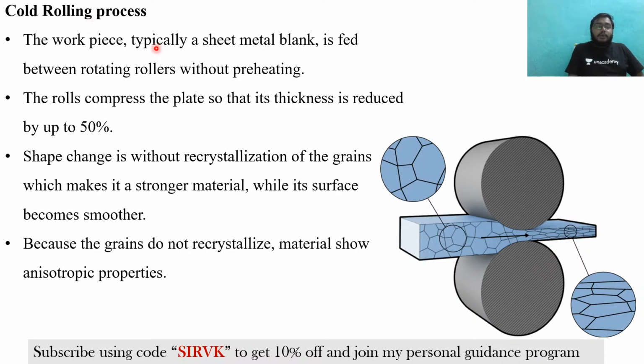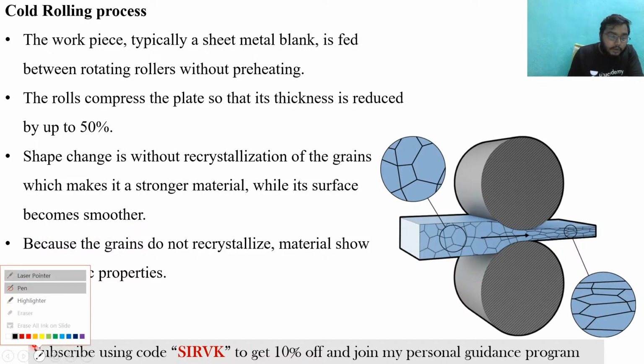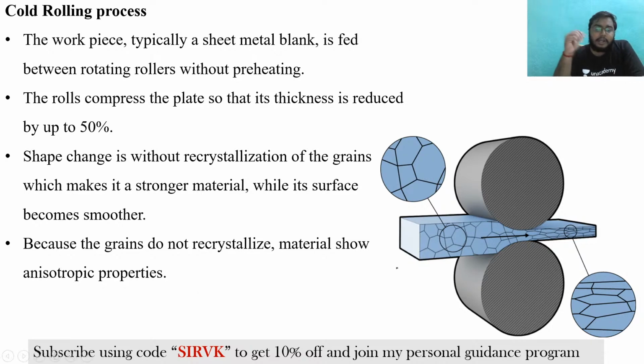Because it is a cold rolling process, and the speciality of cold rolling is that we are working below the recrystallization temperature. Since we are working below the recrystallization temperature, we get a smoother surface. I have explained why we get a smooth surface, that is, a good quality of surface finish.